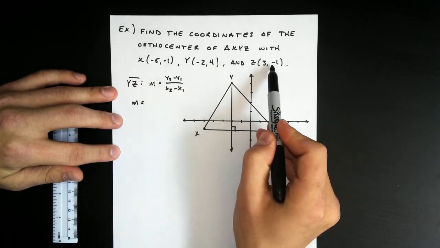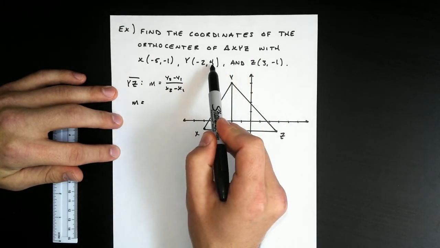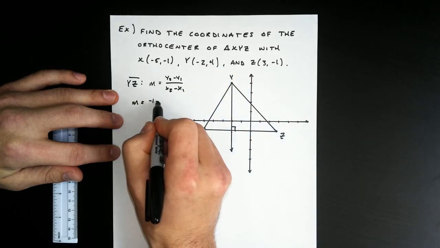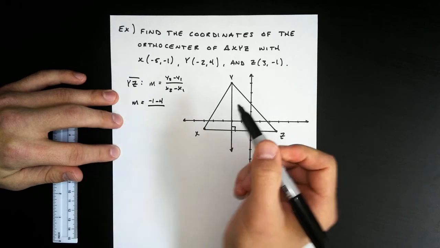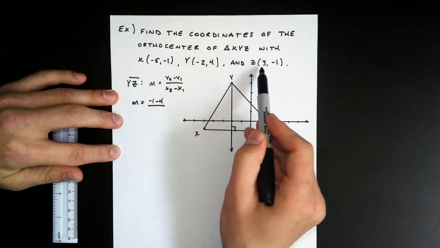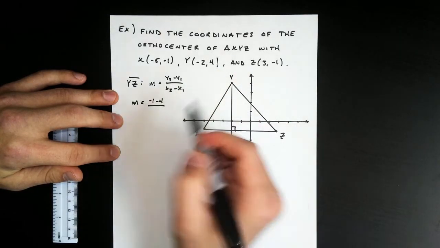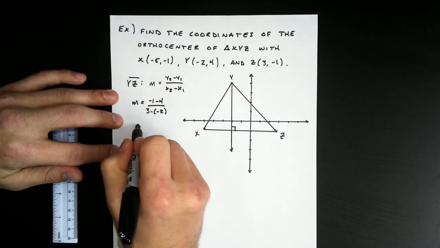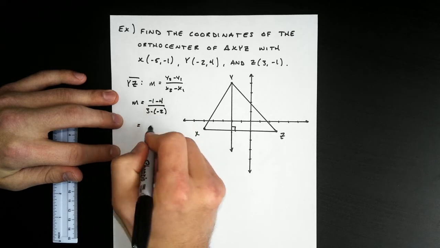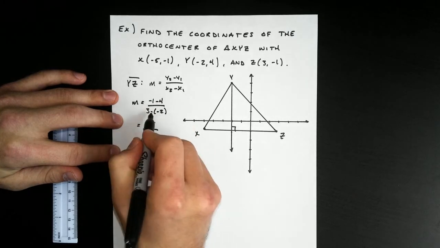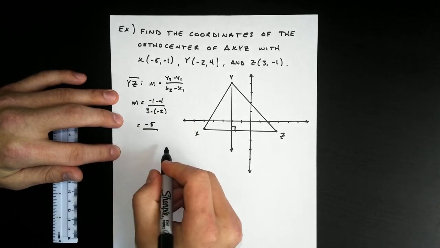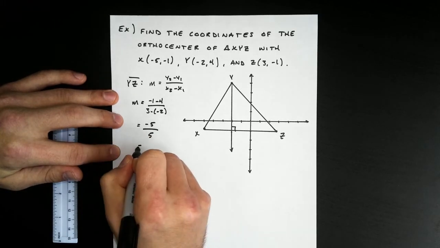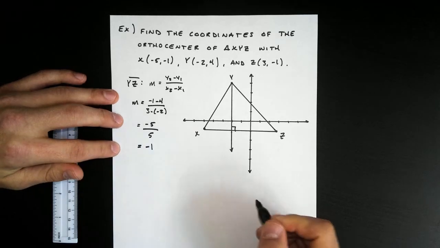So for Y and Z, our two y values, I have negative 1 minus 4. And then the two x values, making sure I go in the same order, we have 3 minus a negative 2. So up top, that's going to be negative 5, and then minus negative 2 turns into 3 plus 2, which is positive 5. So we have a slope of negative 1.